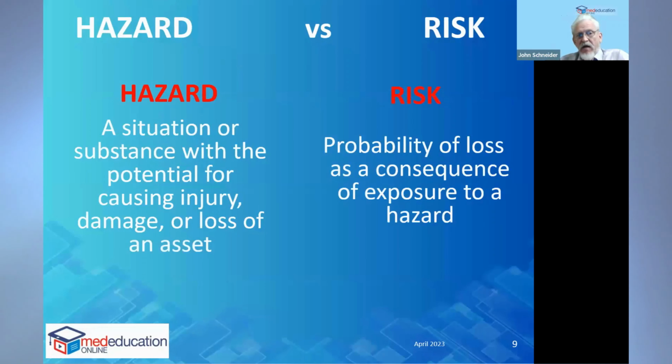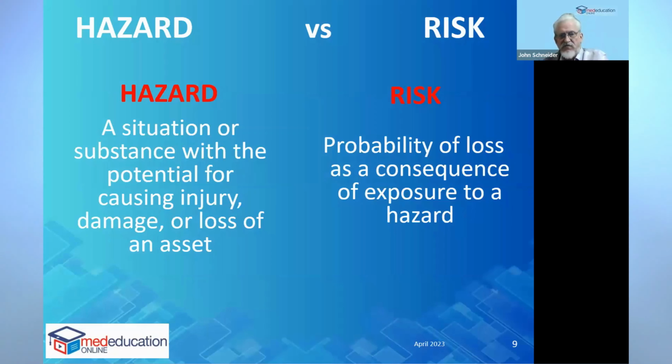What we've got is a hazard, which is a situation or a substance with the potential for causing injury, damage, or loss of an asset. And risk is really a determination of the probability of loss as a consequence to exposure to the risk. And it's something that lots of people get mixed up about, is they talk about risks when they're really talking about a hazard.